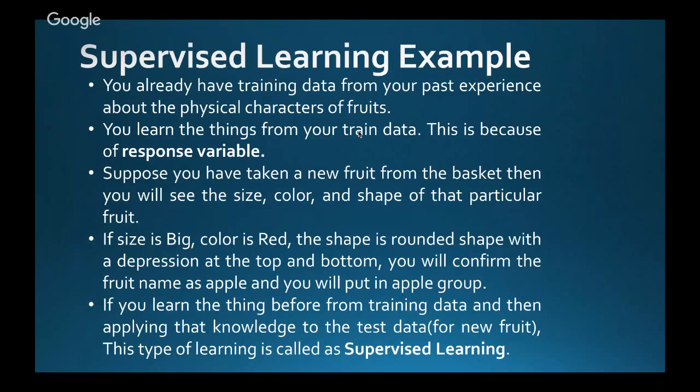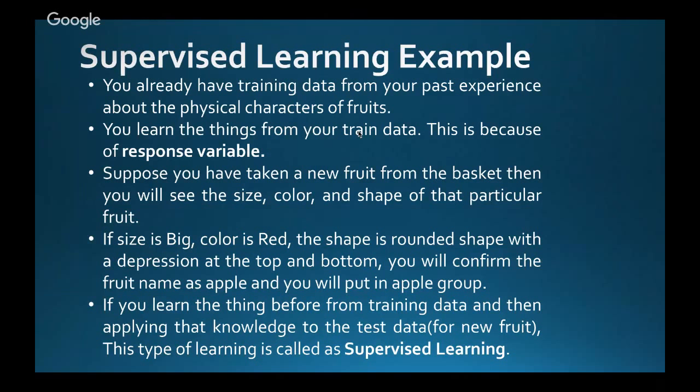Now we'll apply the same technique whenever we have a fruit. We see it, we take its size, color, shape and different kinds of features. Depending on that, we compare it with our training data and then apply the knowledge to our test data, and then we figure out where we can place this object. This kind of application of learning is known as supervised learning.